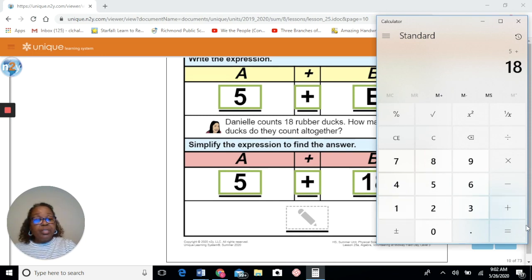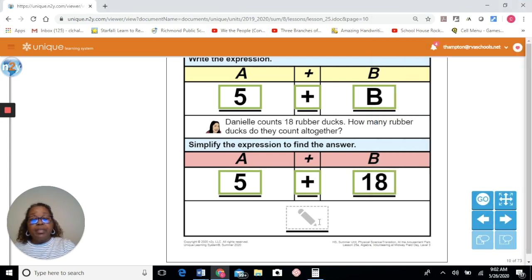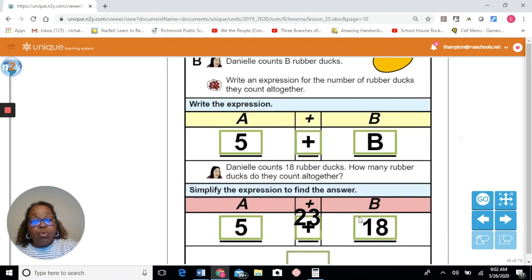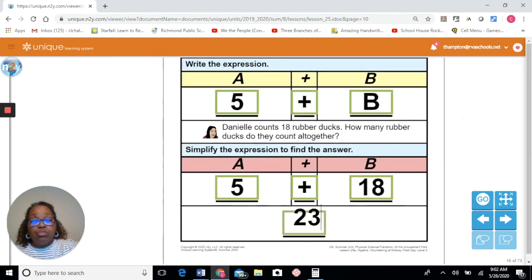And we hit the equal sign to get the answer. And the answer is 23. Excellent. We did an algebraic expression. The expression is 5 plus 18, and the answer is 23. And we used our graphic organizer to keep us on track.